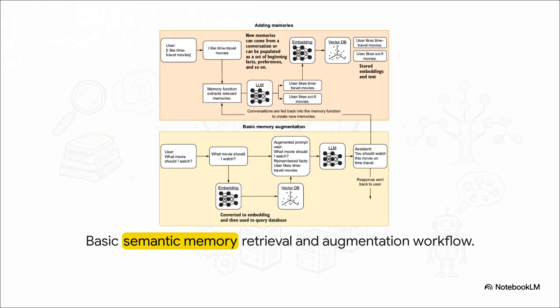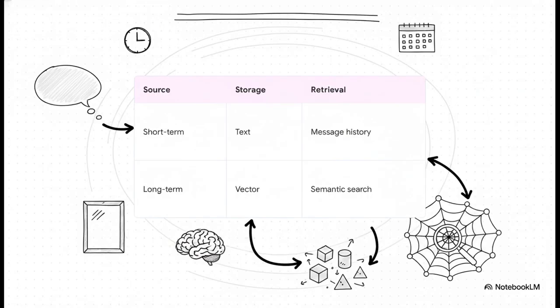and deeply personalized. Practically speaking, we have to physically separate these memory architectures based on urgency and capacity. Short-term memory, or working memory, just lives inside the active context window. It's stored as raw text and provided automatically as an ongoing message history while you're chatting. But context windows have strict token limits, and if you overload them, it gets incredibly expensive fast.